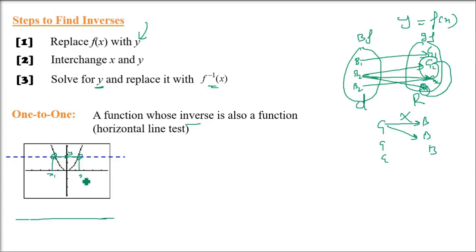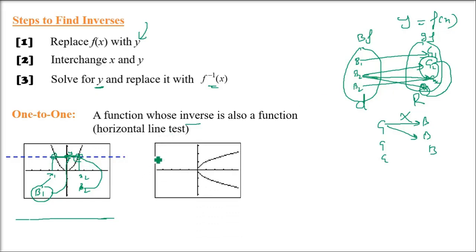For this graph, we have 2 x values giving a single y value. That is one boyfriend, another boyfriend, they both have a single girlfriend. And this is not one-to-one. One girlfriend cannot have two boyfriends, one boyfriend cannot have two girlfriends. This is not possible in one-to-one. Now this function, let me take one more.